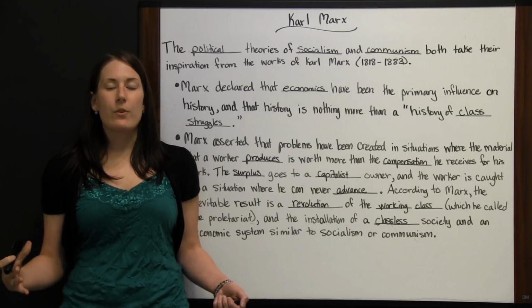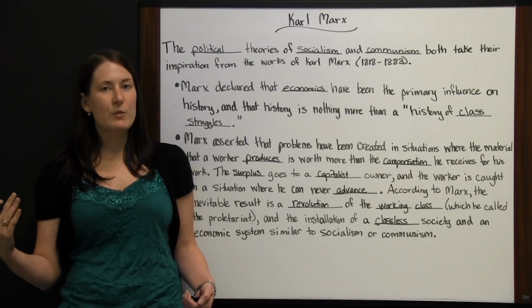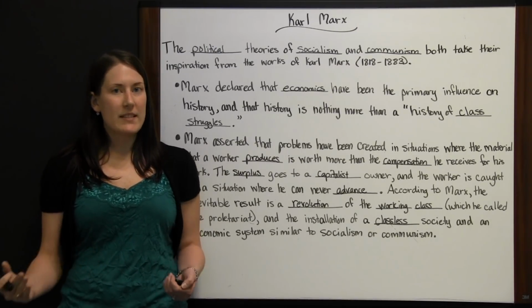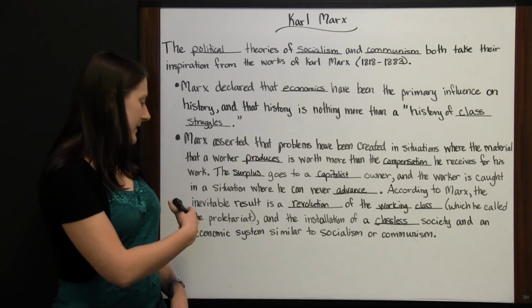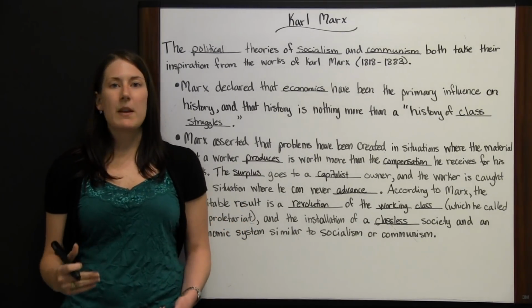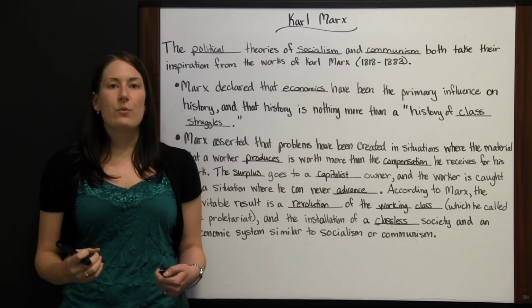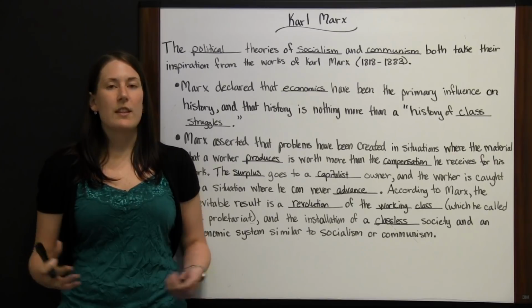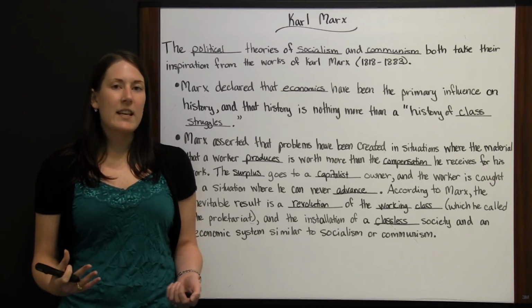Everything will be equal. There'll be social equality, so there aren't going to be poor people and really rich people. Everyone will make about the same amount of money because the wealth will be evenly distributed. And this is an idea found in both socialism and communism, where land and property don't belong just to one person, they belong to the country, they belong to everyone. So everyone has a right to these things.